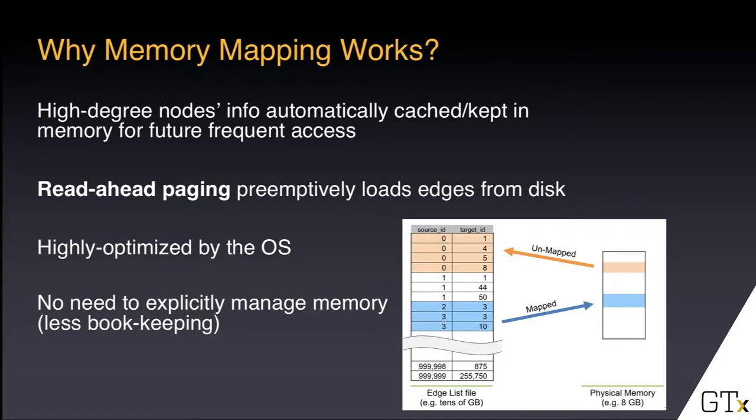So that means that information is already cached, as if it's already in memory all the time. And lastly, all these memory management operations are highly optimized because virtual memory has been around for a very long time. And also, we don't need to explicitly manage memory. That means it saves us a lot of bookkeeping.